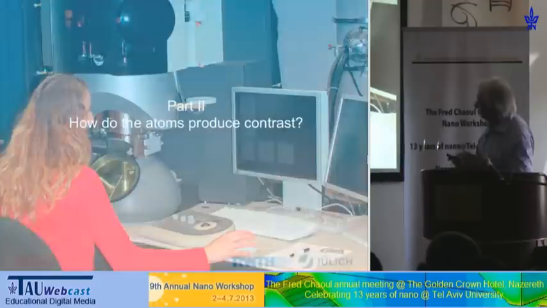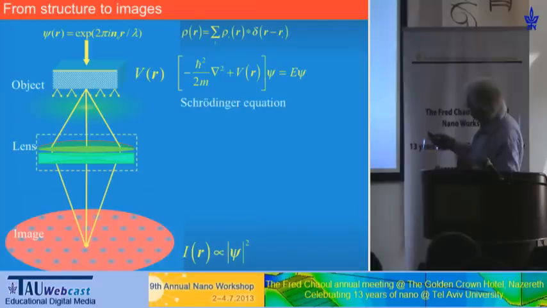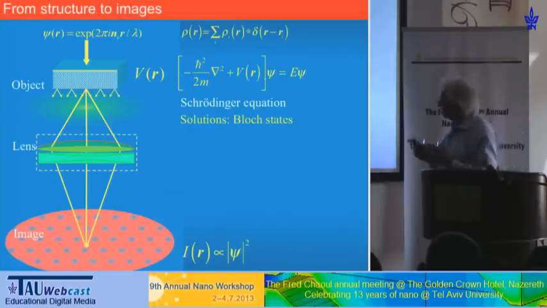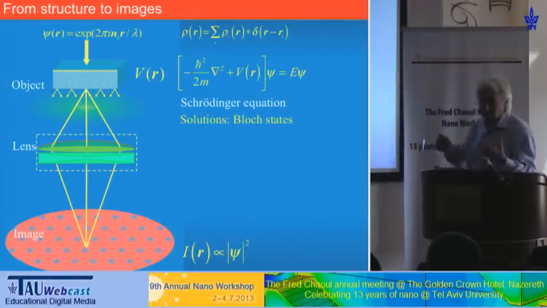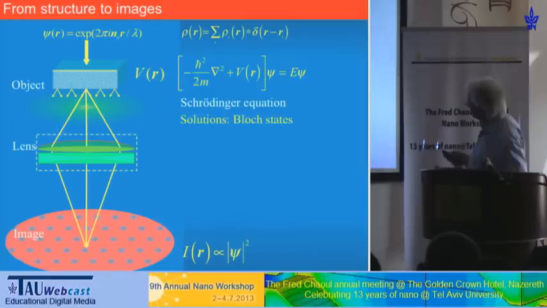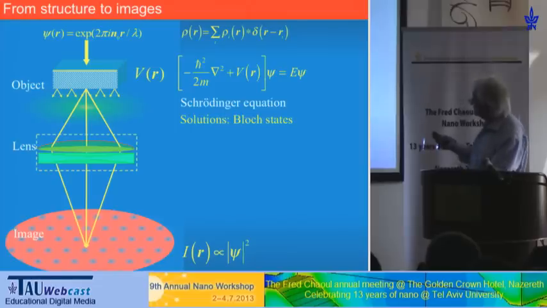And for this, we just go back to my first slides, and we saw that while we send this wave through the crystal, it interacts with the atomic scattering potential. This interaction has to be described by a Schrödinger equation. Actually, it's a Dirac equation because we have relativistic electrons, but it turns out that you can simplify this equation so it adopts a Schrödinger form with relativistically corrected mass, wavelengths, and kinetic energy.